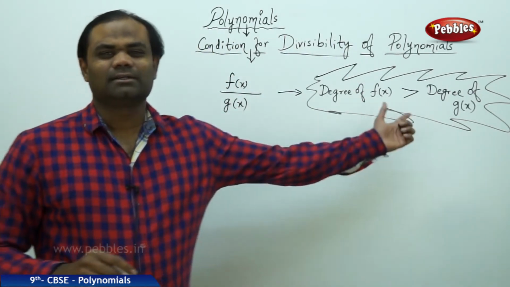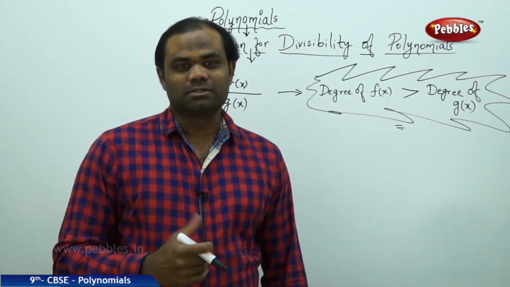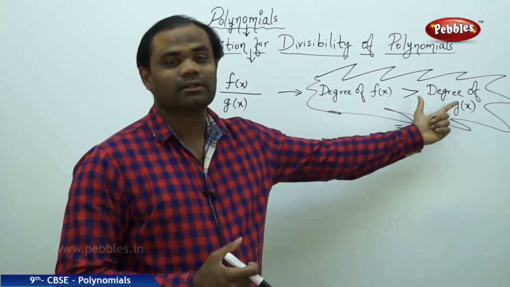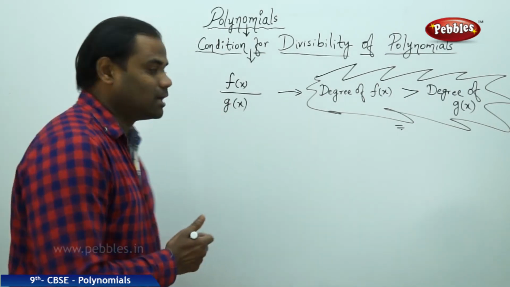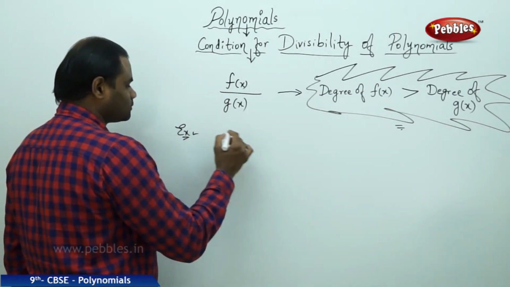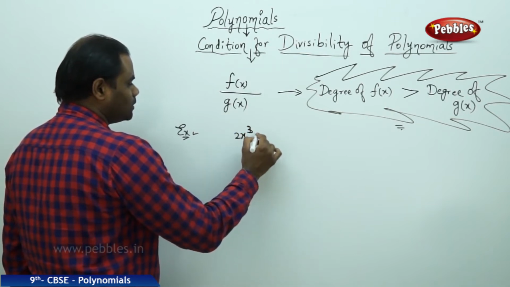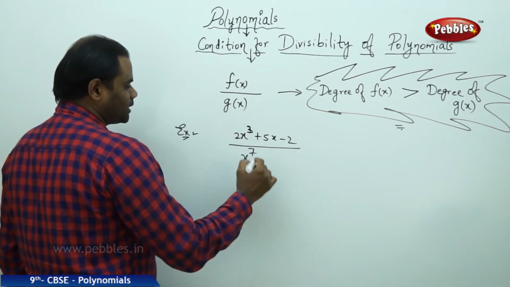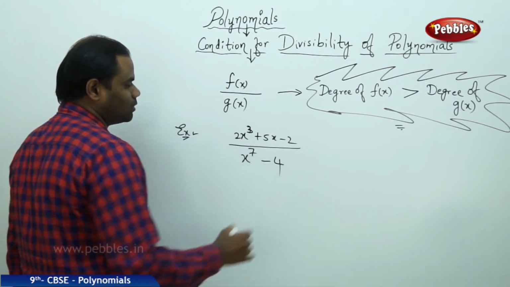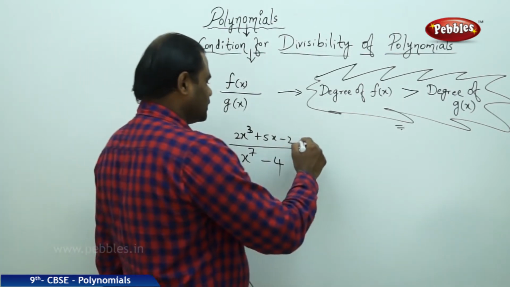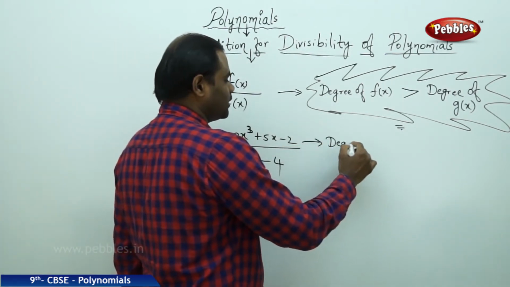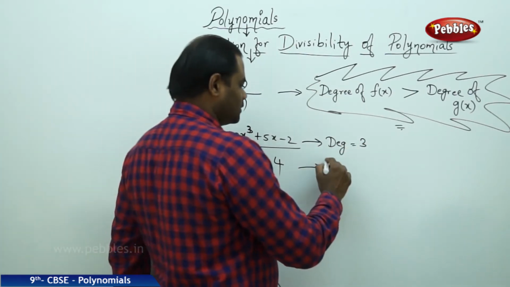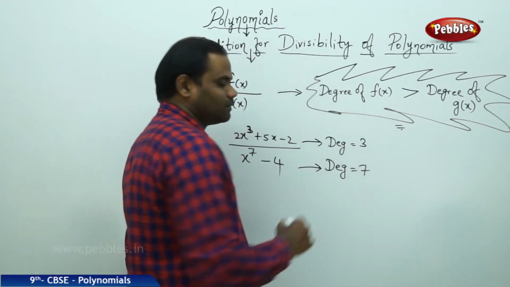This is how I see the condition. Condition for divisibility of two polynomials is only possible when the degree of f of x is greater than the degree of g of x. For example, if I take the polynomial 2x cubed plus 5x minus 2 by x power 7 minus 4, then clearly the degree of the polynomial in the numerator is 3 and the degree of the polynomial in the denominator is 7.